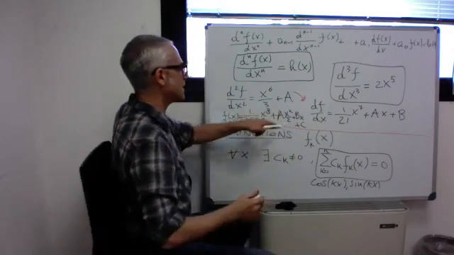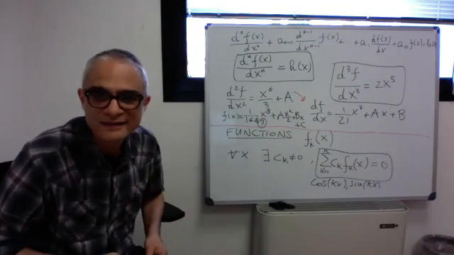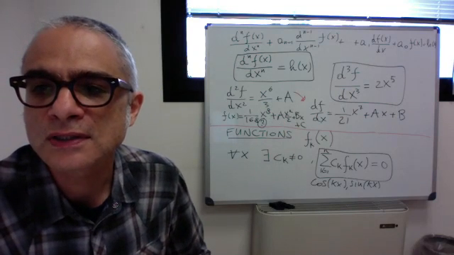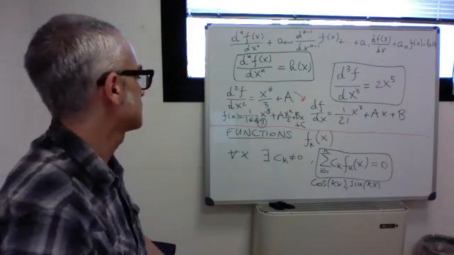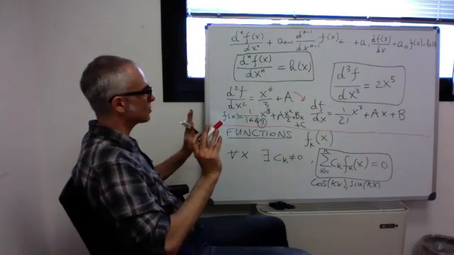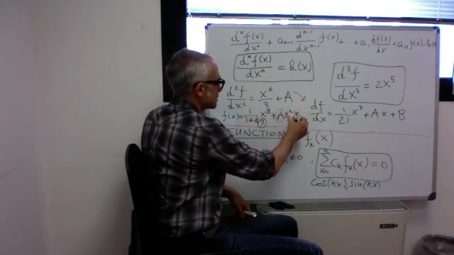Yeah, 21 times 8 equals 168. Sounds good. But what I really want you to care about are these 3 arbitrary constants.